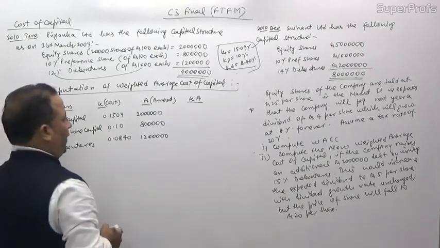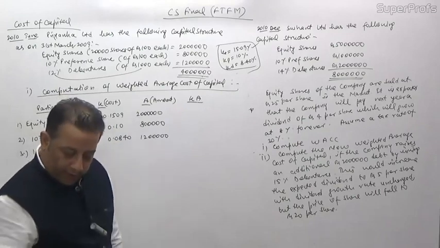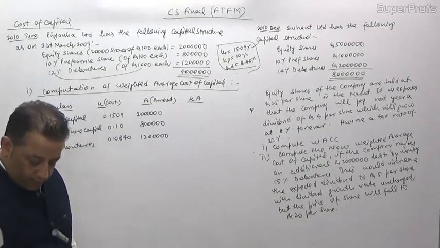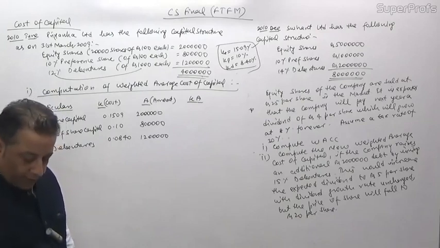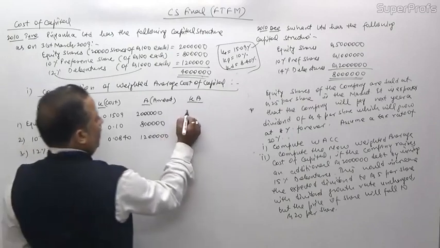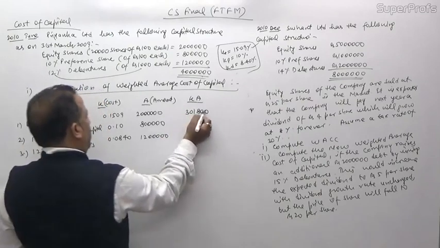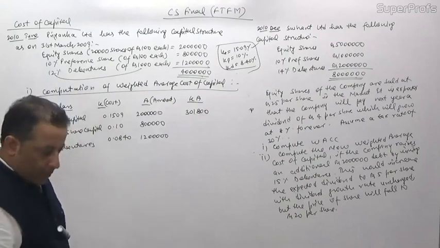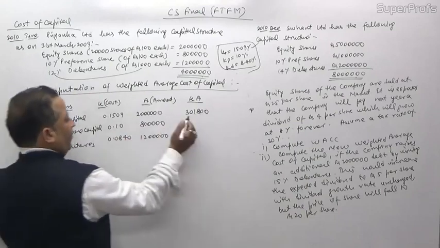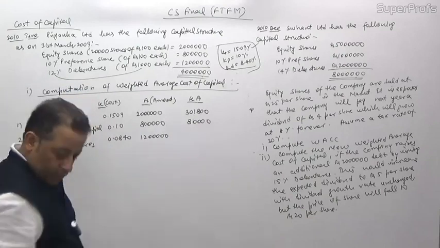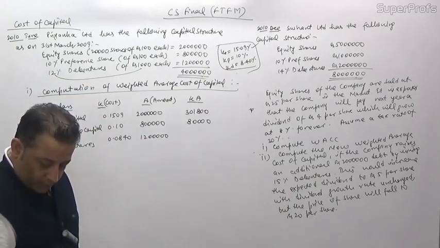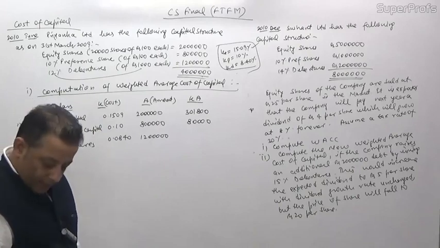K into A: 20 lakh multiplied by 0.1509 gives 3 lakh 1,800. 8 lakh multiplied by 10% is 80,000. 12 lakh multiplied by 8.4%.